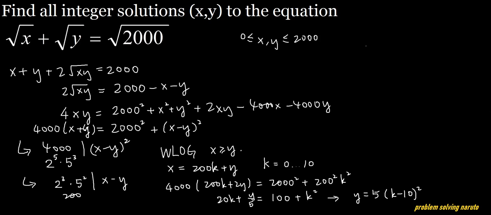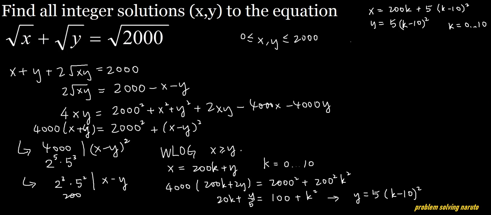So far we have y equals 5 times (k minus 10) squared, and x is 200 plus y. Let's substitute in, where k is 0 to 10. It turns out that k can be any number from 0 to 10, and it still works.